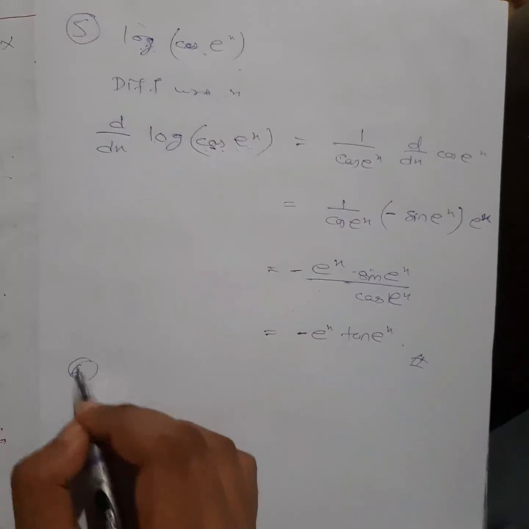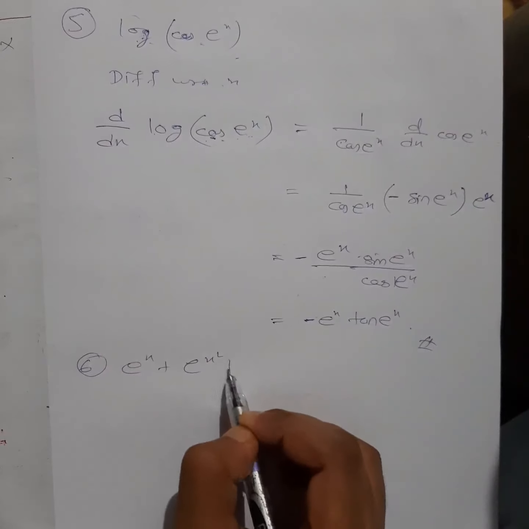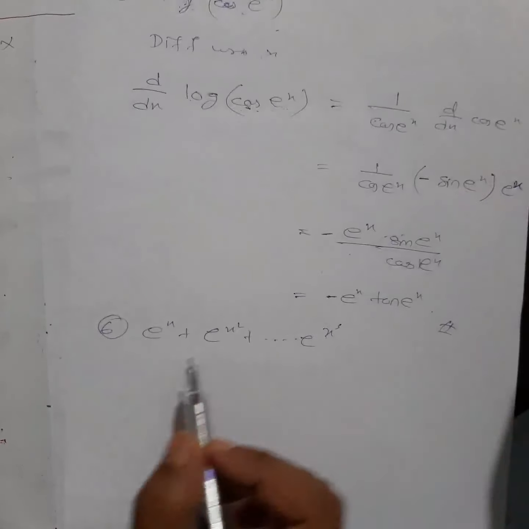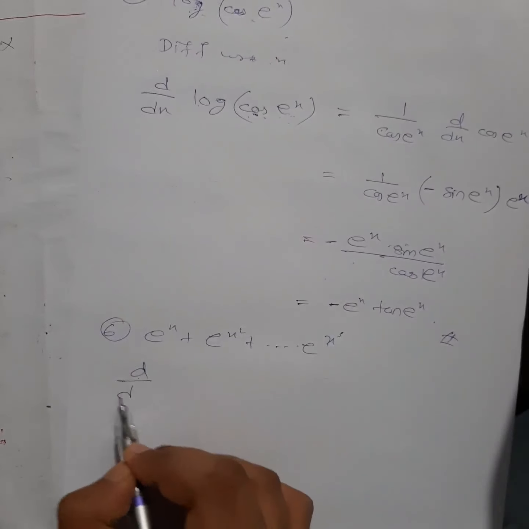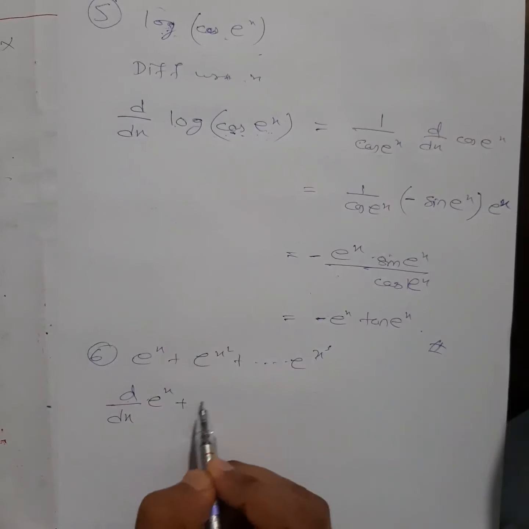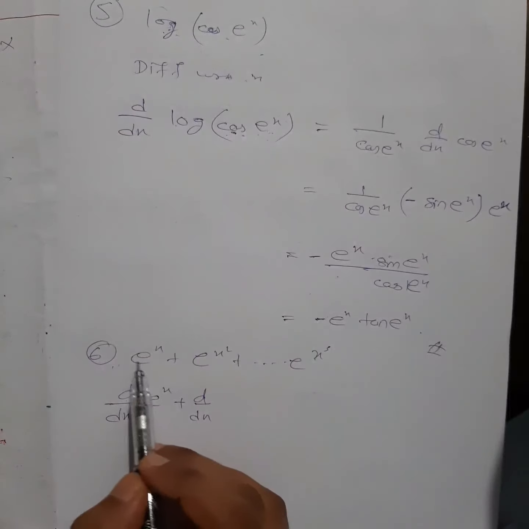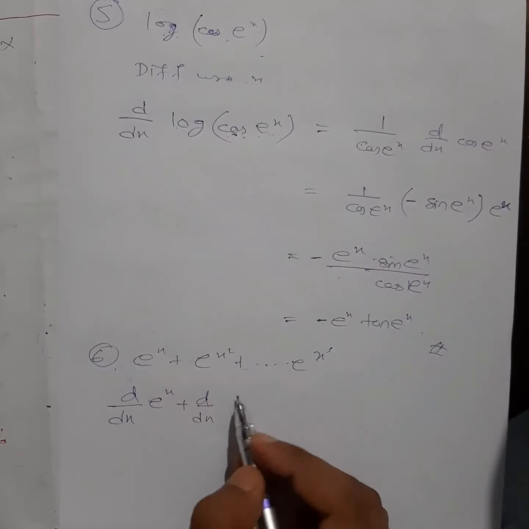Number 6. e^x plus e to the power x square plus dot dot dot e to the power x to the power 5. So this is differentiating with respect to x, right? So what will you get? d/dx of e^x plus d/dx of, you just write down the same format here, okay? Let y equal to this, then differentiating with respect to x, so dy by dx equal to this, you write down.